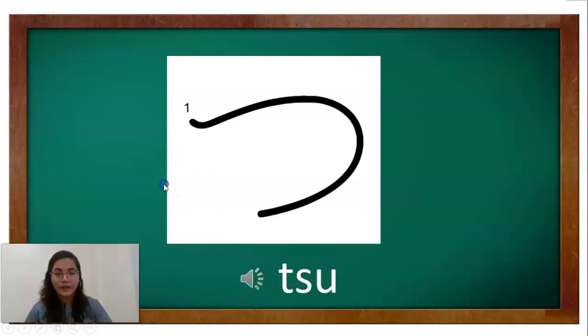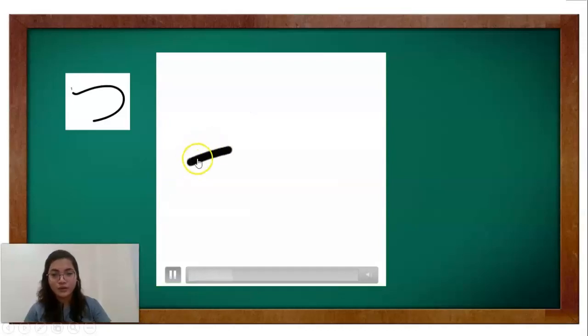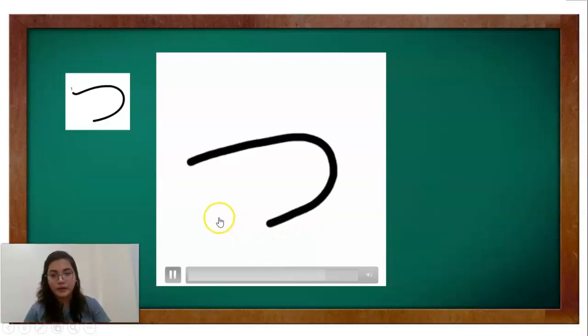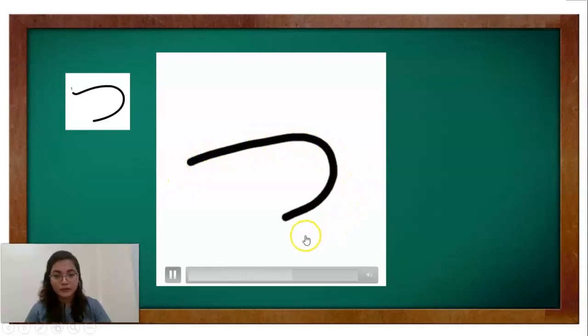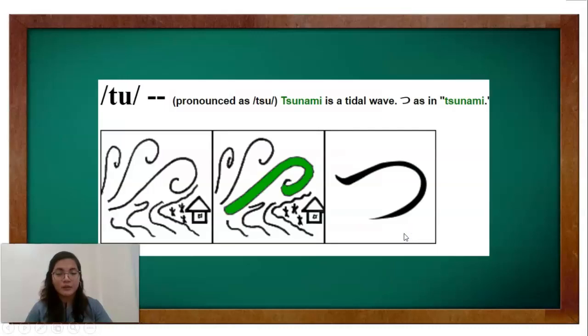Okay? Next up is tsu. Okay, tsu has 1 stroke. 1. Okay? Again. 1. Okay? And to easily remember this character, just think of tsunami, a tidal wave.